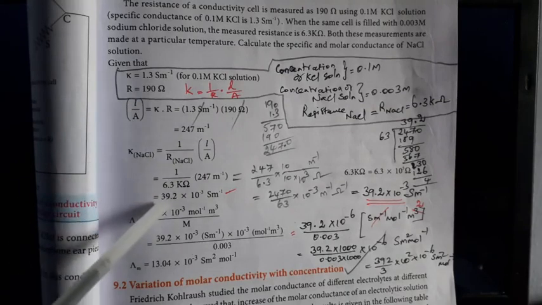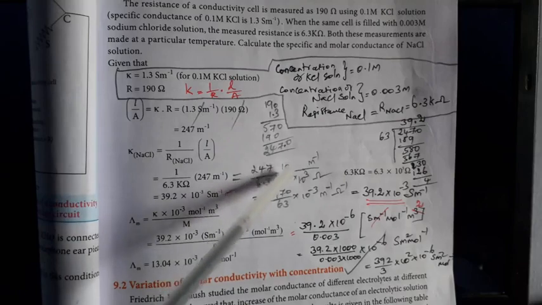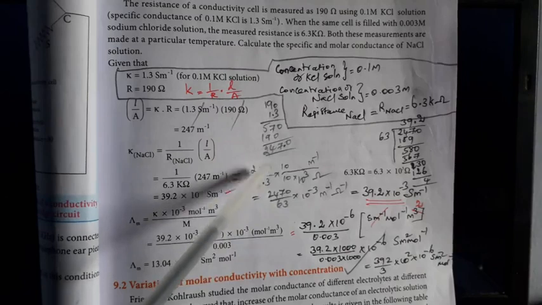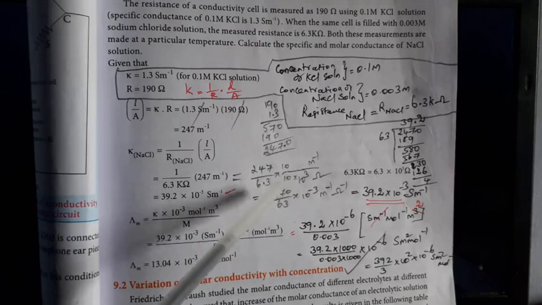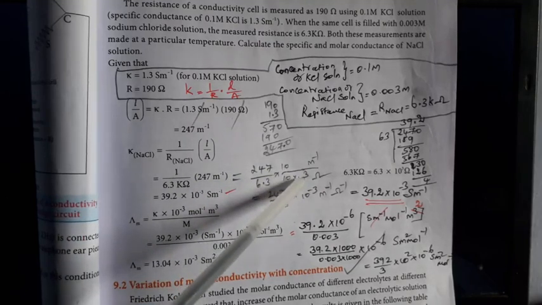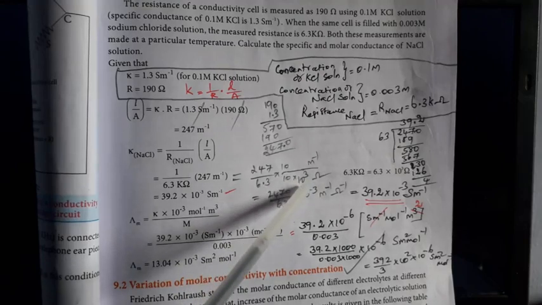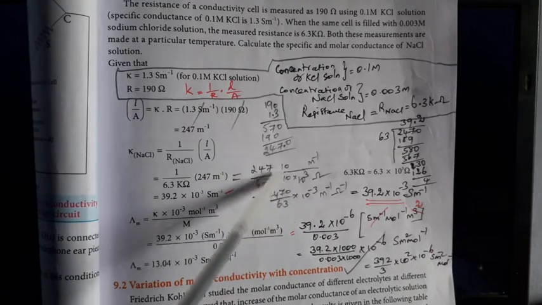So 247 divided by 6.3 into 10, because of removal of the decimal in the denominator. So 247 into 10 divided by 6.3 into 10 into 10 to kilo ohm. Kilo ohm means 1000 ohm, so you multiply by 1000 ohm.